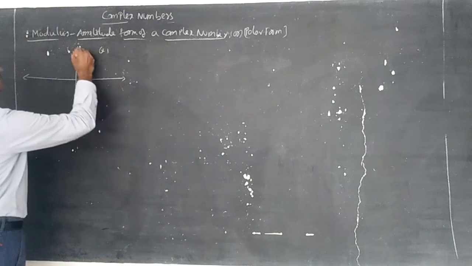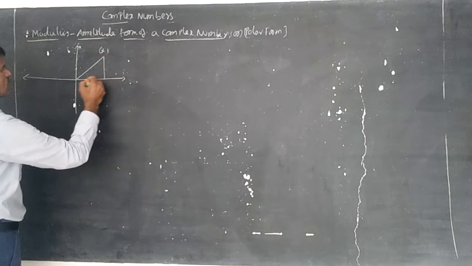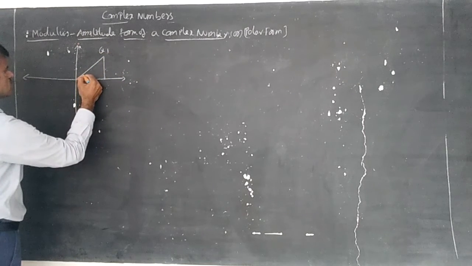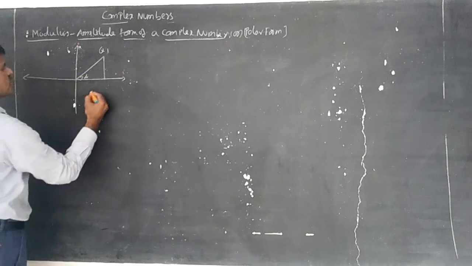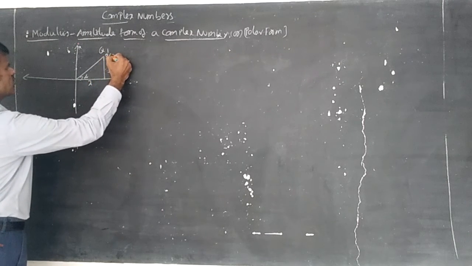This is Q1. Put here alpha, from the positive direction of the x-axis. This is x, this is y, this is the point x comma y.